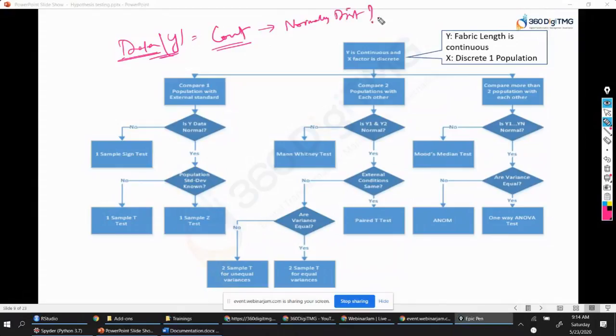Is this data normally distributed? Is it normal, or do we have any abnormalities in the data? Right? So that is the test that we need to do. We are verifying, is the data normal or not? Okay. So let me go there.